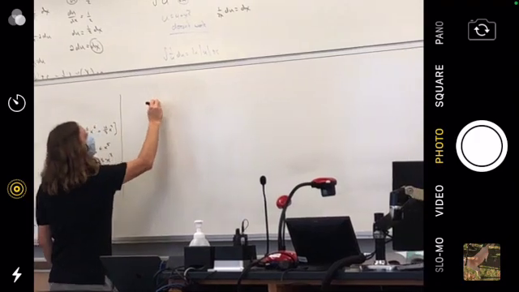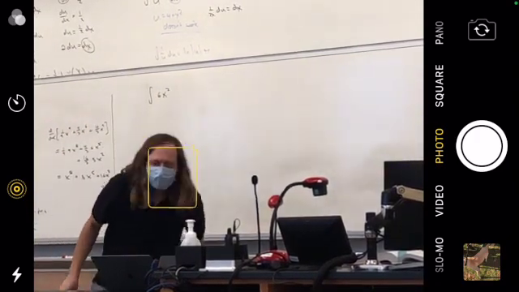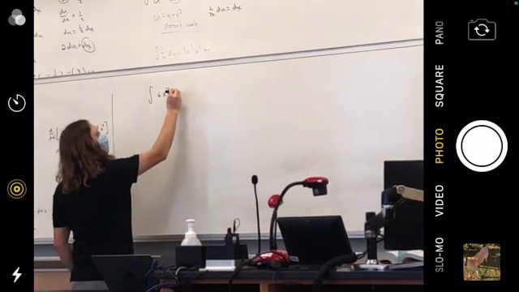So I want to find the antiderivative of 6x squared times sine of x cubed plus 1.